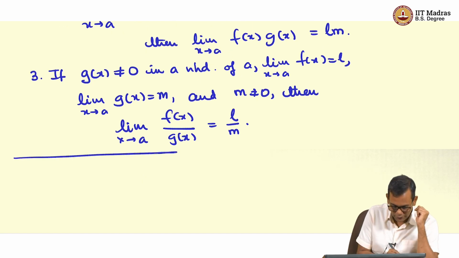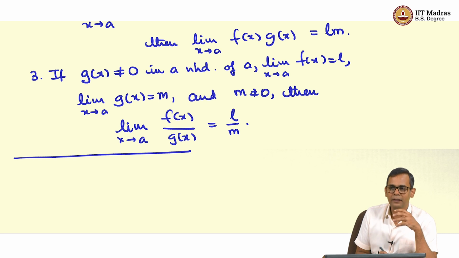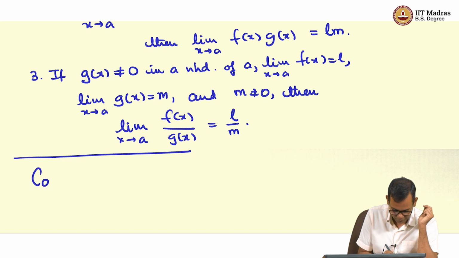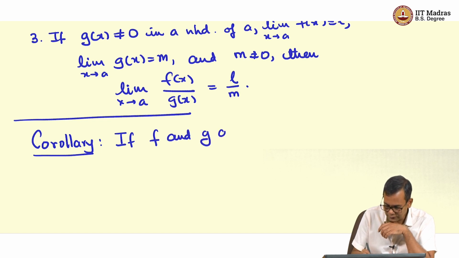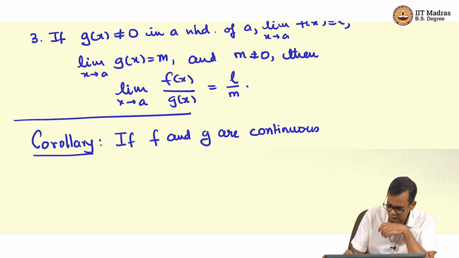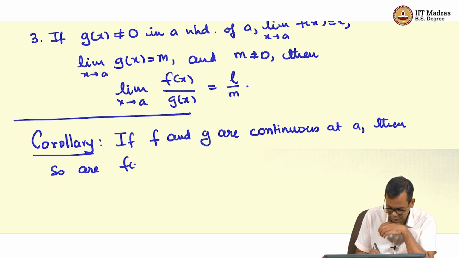An immediate corollary of these properties tells us about how to construct new continuous functions from old. If f and g are continuous at A, then so are f of x plus g of x and f of x times g of x.